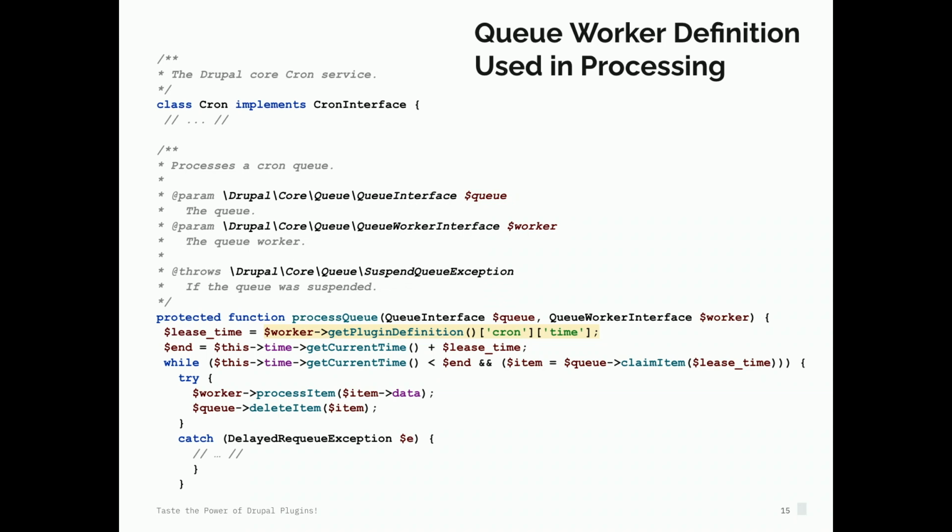In this case, the cron service is using it also to figure out how long to give this in the loop. But so you can get the plugin definition. As I said, every queue worker with the same plugin ID will have the same plugin definition. And so, for this particular queue, they will all be the same.